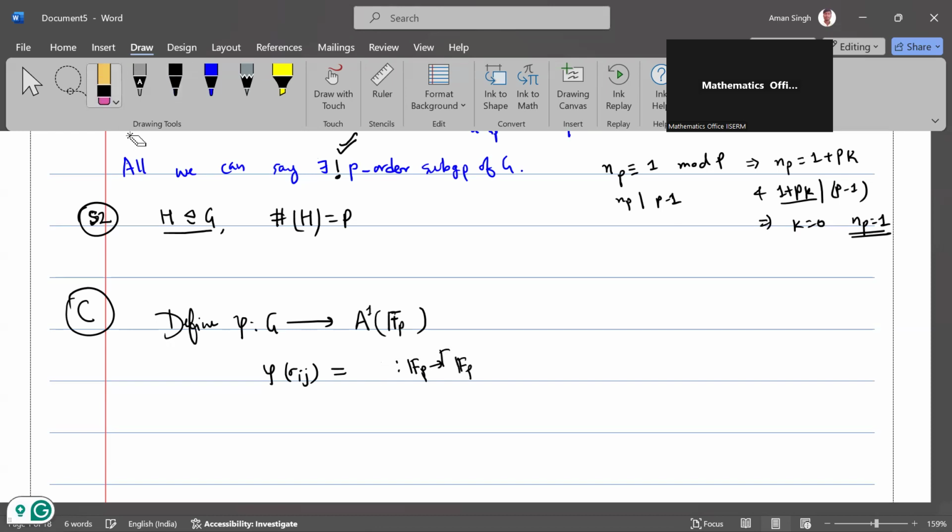I'm sending sigma ij to a map where f of x is going to be, sorry, i plus jx, or let me write it like that, jx plus i.